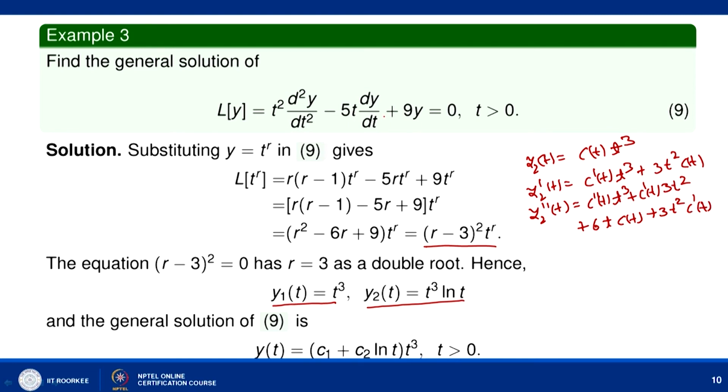If you put it back and solve, you can easily find a differential equation in terms of c(t), and then you can also get a solution given as t^r ln t.